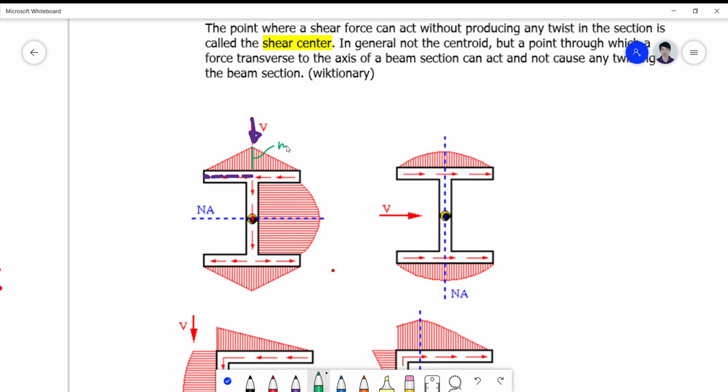So my shear flow will start from 0 here, going to a maximum value, and from here, start 0, going to a maximum value there.